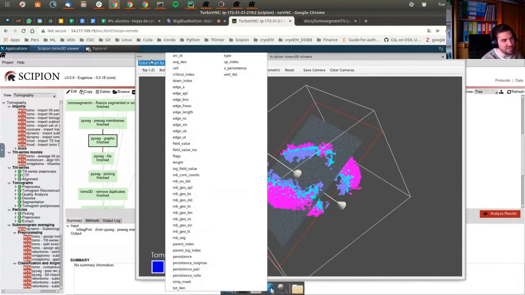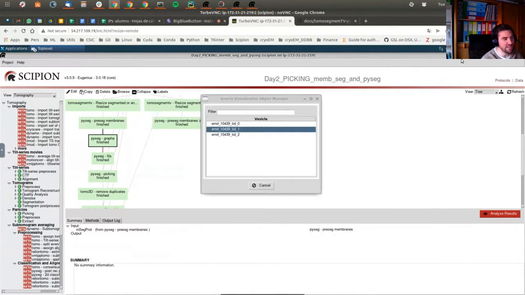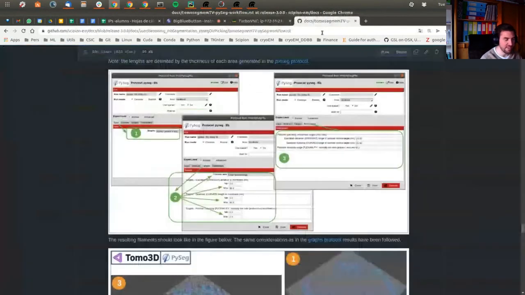For example, the membrane Euclidean distance or the geodesic one, and so on. You can explore and play with it, but just for visualization. And again, it is completely and fully explained in detail here in the documentation.